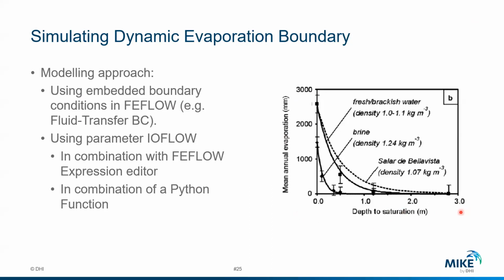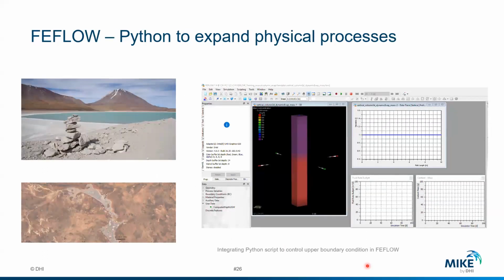Which means that you can have an evaporation rate changing, decreasing exponentially or linearly as you want to implement it, depending on the depth to groundwater. And this can also change with a number of densities. I forgot to put the publication here, but this is also an image from the Salar de Atacama in Chile, and this can also be simulated in FEFLOW.